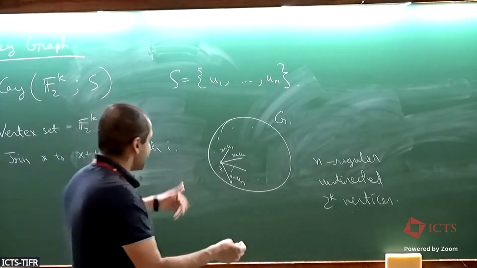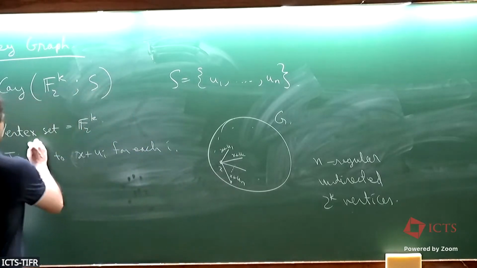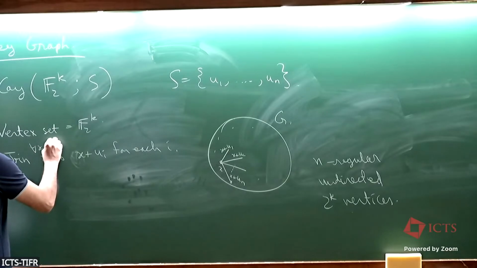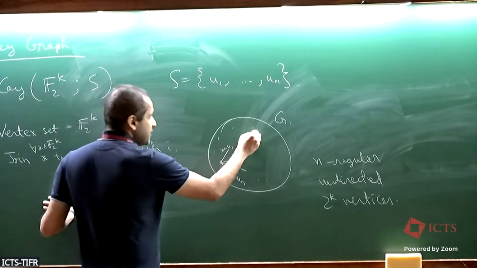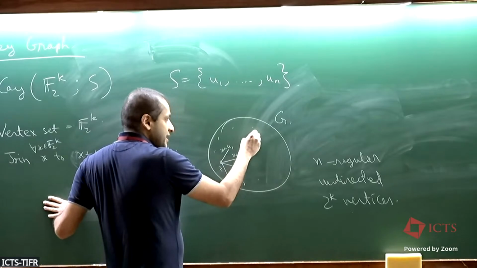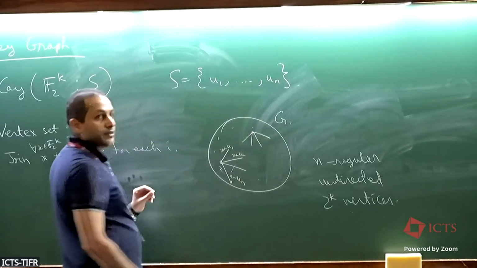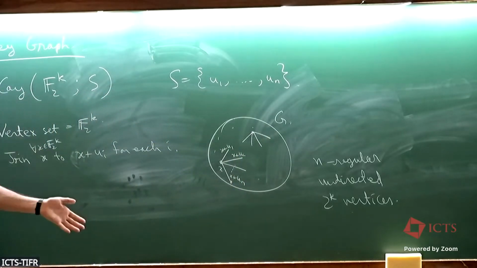For all x in F2 to the k, every vertex is joined to n other vertices, x plus u1 up to x plus un. So that's the graph.